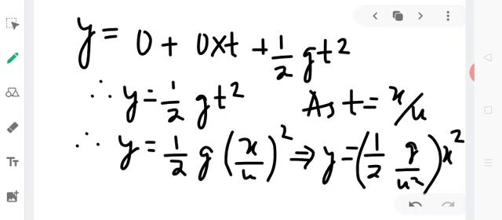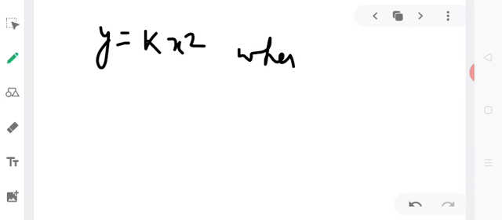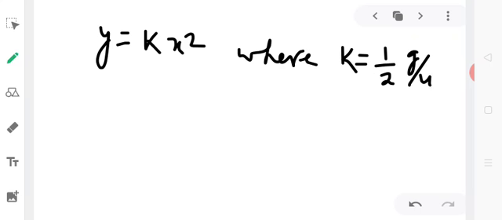Now if you look into the bracketed term, all the terms included inside the bracket are constants, half g by u square. So we can replace this with a constant k and then write down x square, where k is equal to half g by u square.